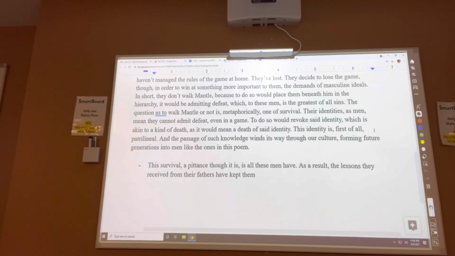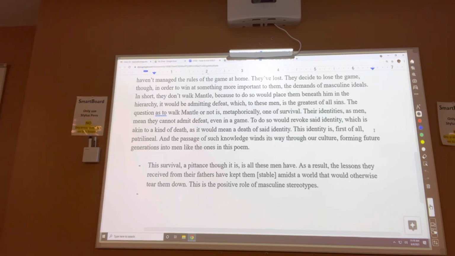Kept them, this is not the word I want, but we don't have time, stable, like I've kept them upright. Wow. That's one possible argument.